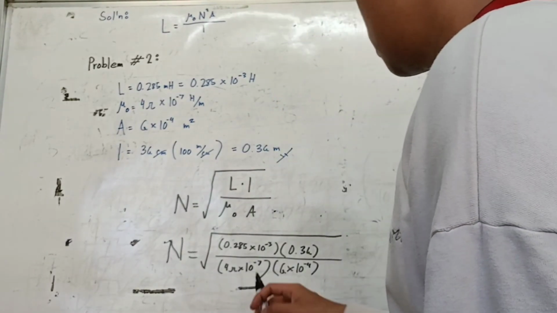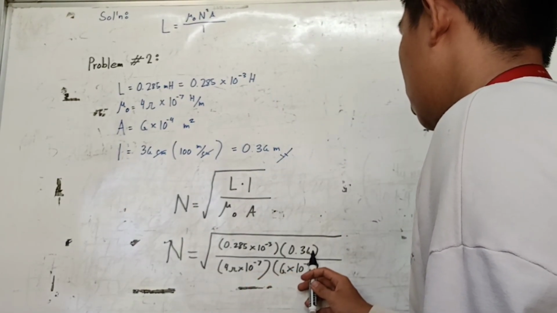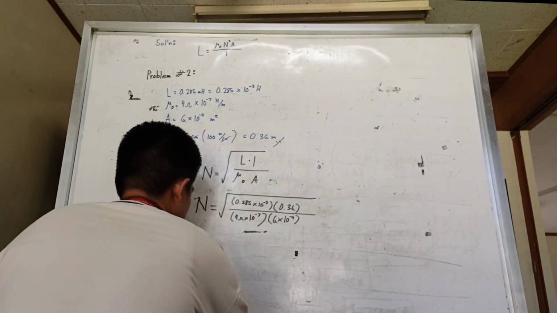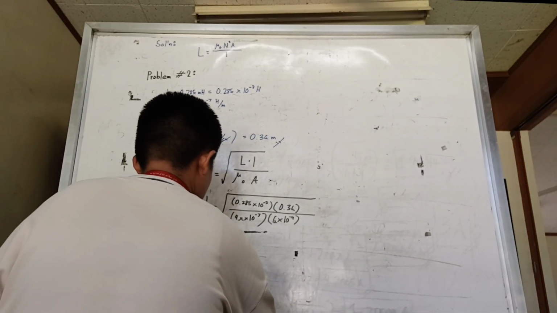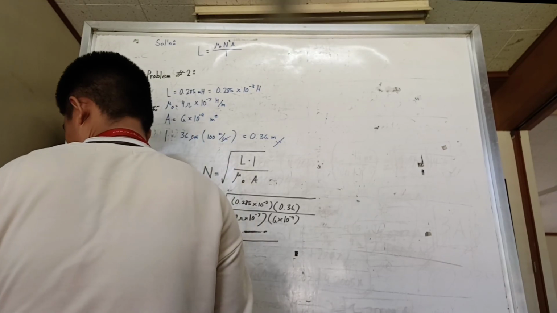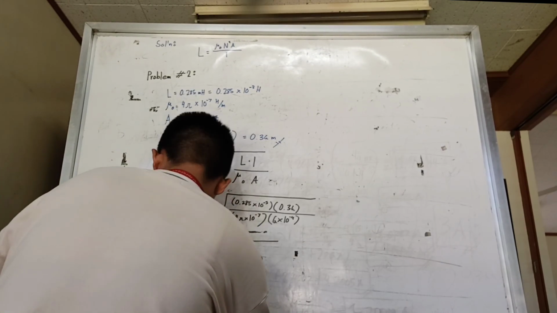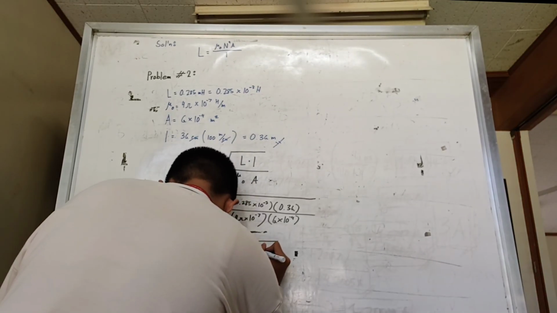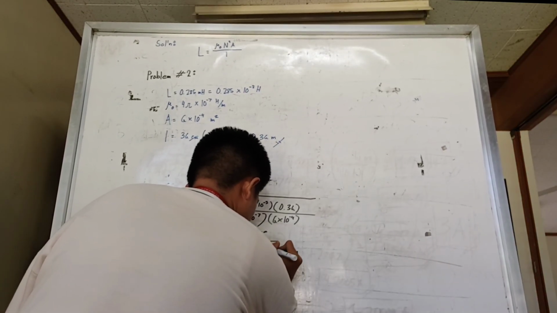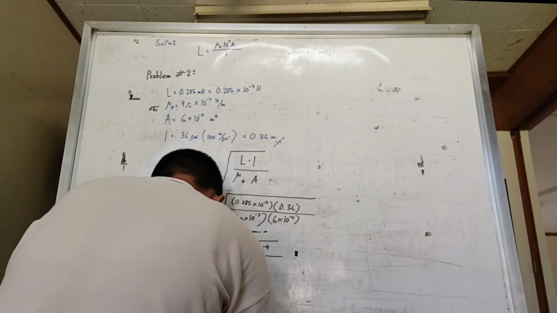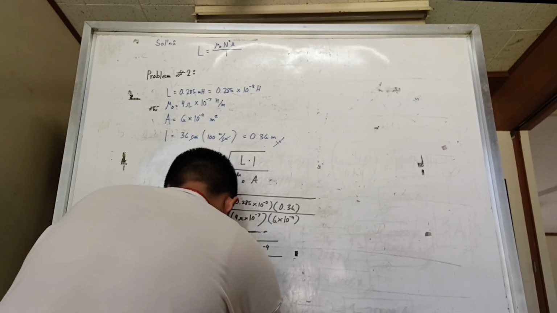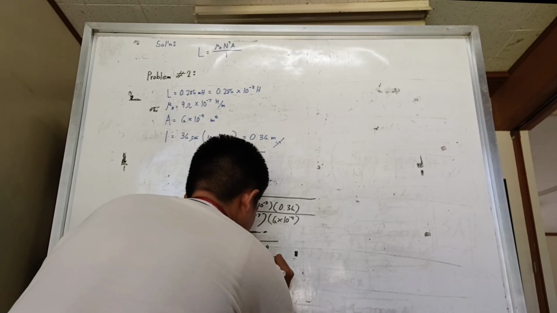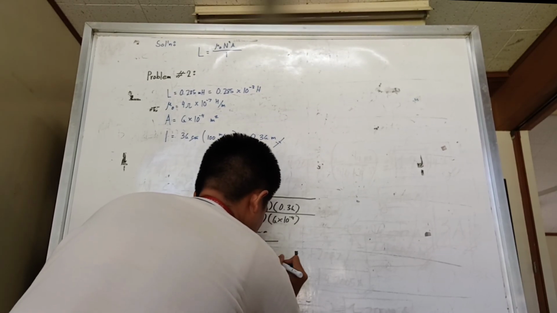Now we need to calculate the numerator and then the denominator, and the total will be the square root of 1.026 times 10 to the negative 4 power over 7.54 times 10 to the negative 10 power.